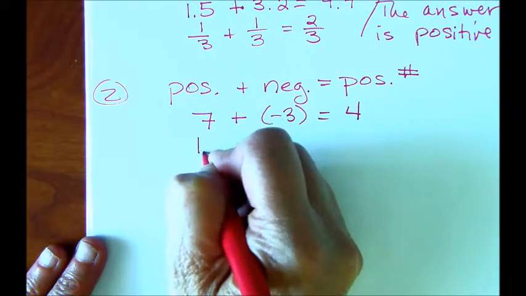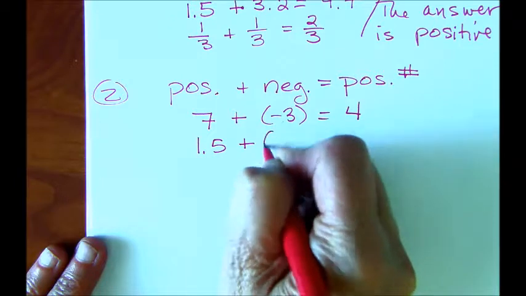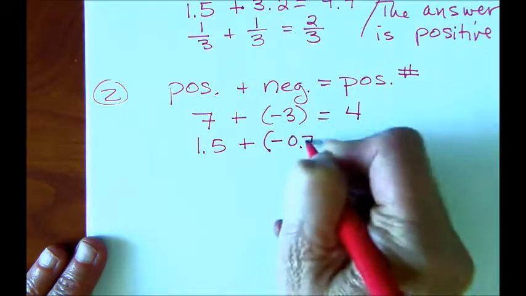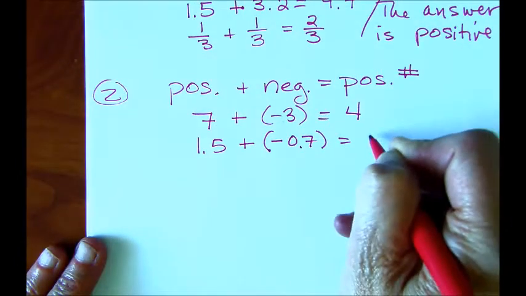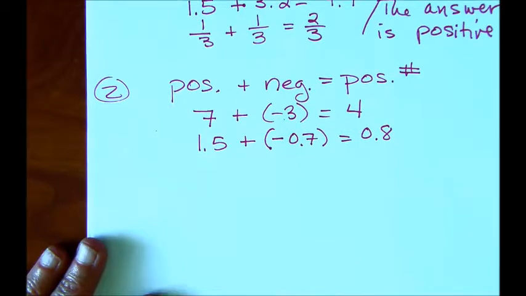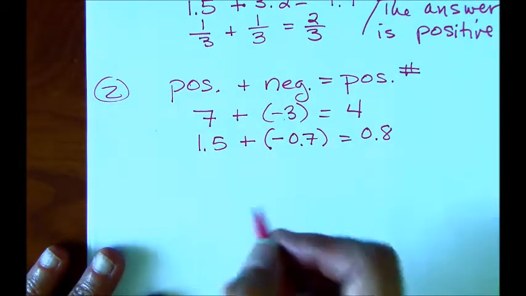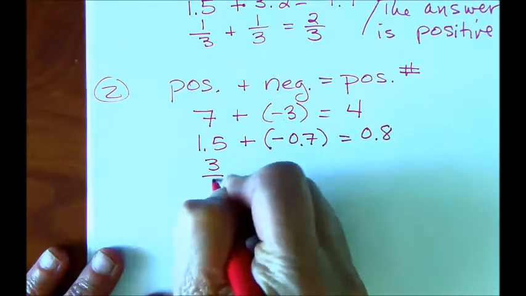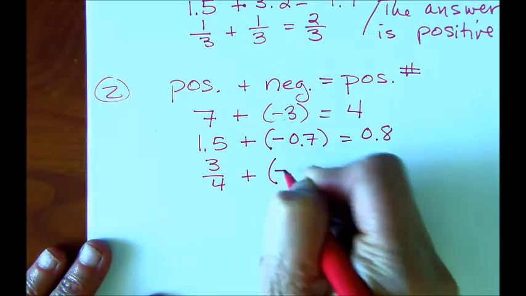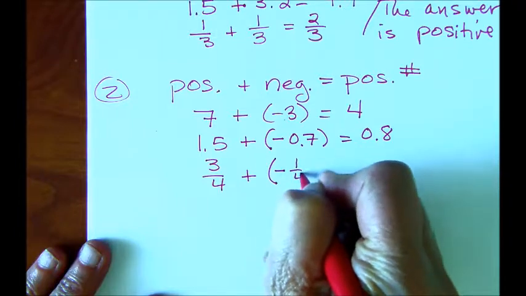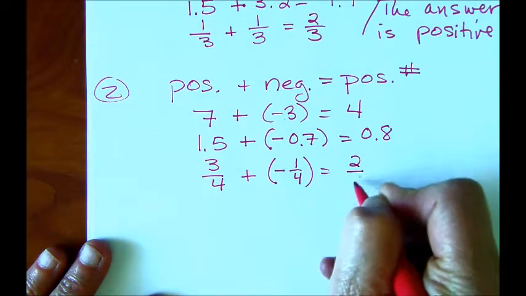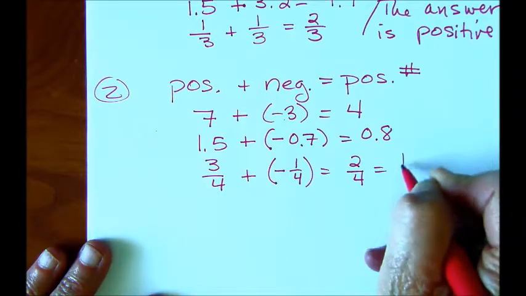With decimals, 1 and 5/10 plus a negative 7/10, we're going to have 8/10 left over. With fractions, we might have 3/4, and we're going to add to that a negative of 1/4. And so that's going to leave us 2/4, and of course we can reduce to 1/2.